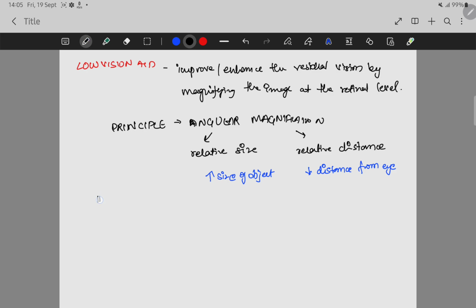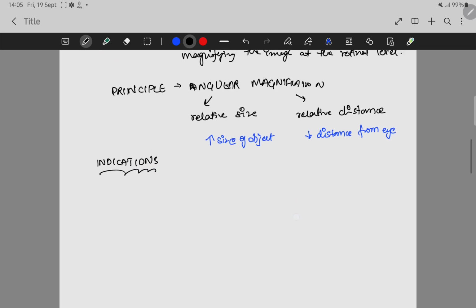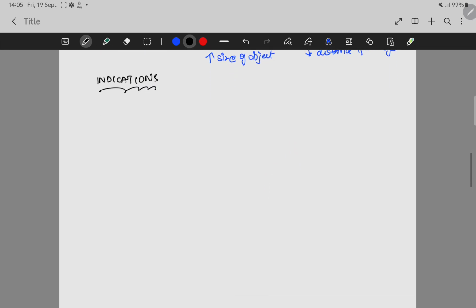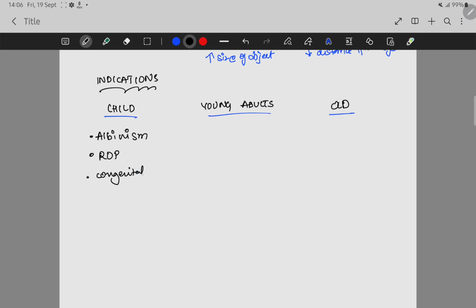Coming to the indications: in children, in young adults, and in old age. In children we have albinism, ROP, any congenital malformation, optic atrophy or neuropathy.